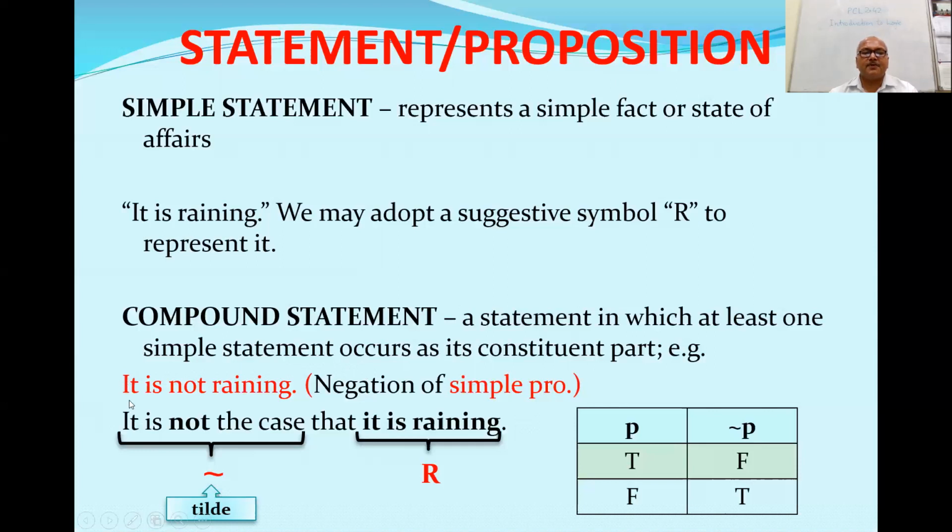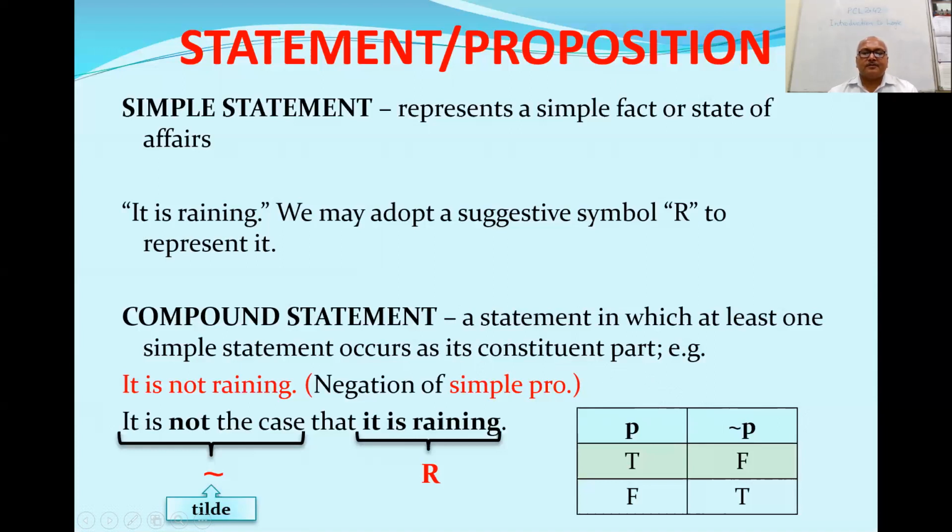This is the simplest form of a compound statement. When we have the denial of a simple statement, that is the simplest form of a compound statement. We need to simply put a negation before the symbol representing a simple statement.